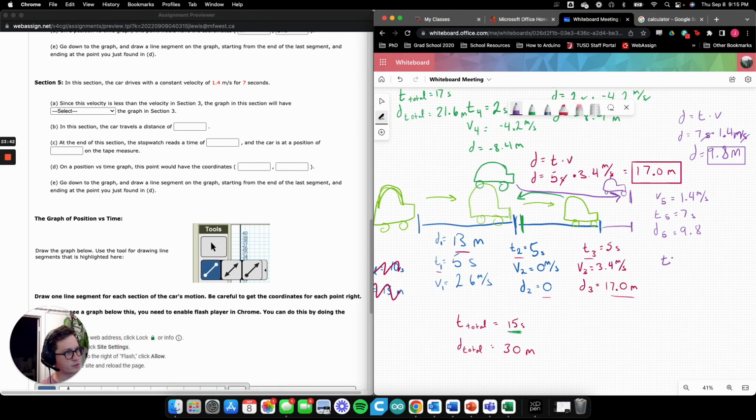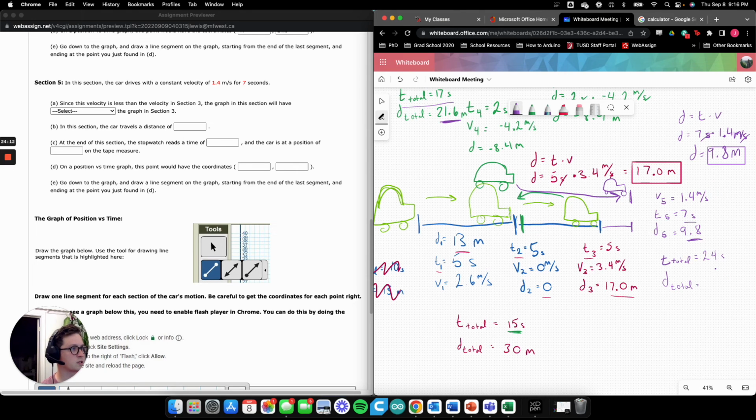So our total time, if the previous total was 17, so 17 plus 7 gives us 24 seconds. Yes, that's how math works. Okay, cool. In total distance, okay, it was at 21.6.